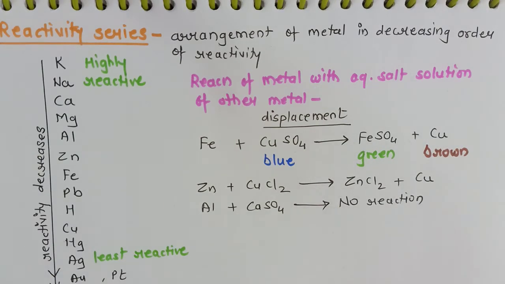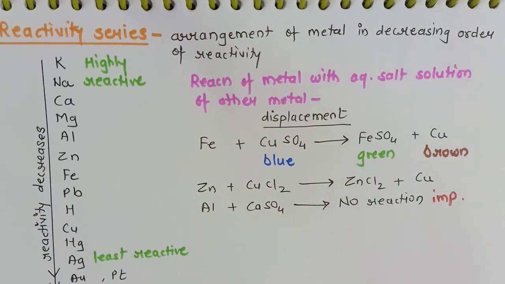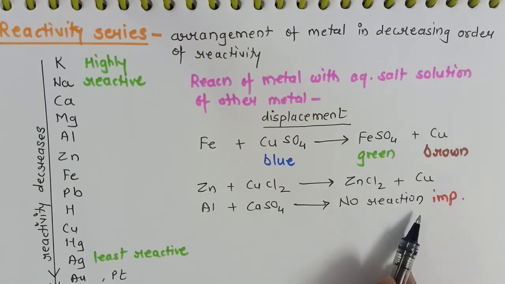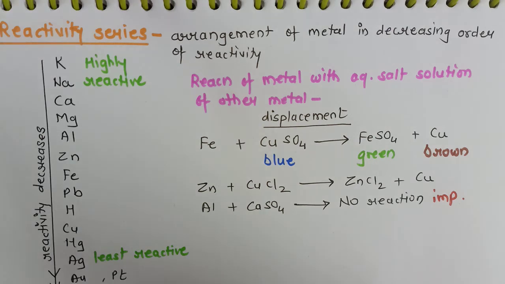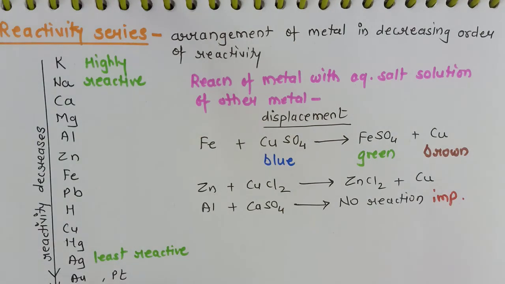Now such patterns are important because sometimes the board gives this type of question to confuse the students. When the students are used to such type of equation, here they will write the answer aluminium sulfate plus calcium, which is a wrong answer. So if you remember the reactivity series, you will be able to answer all the questions related to displacement.